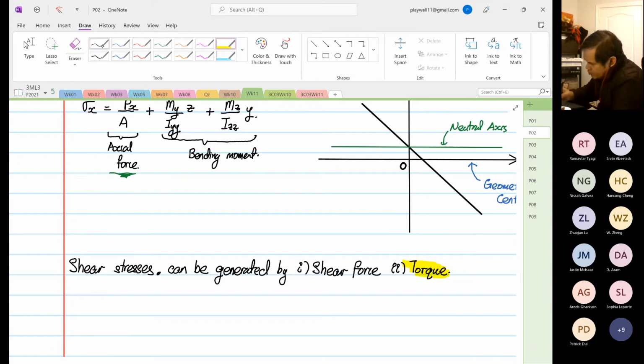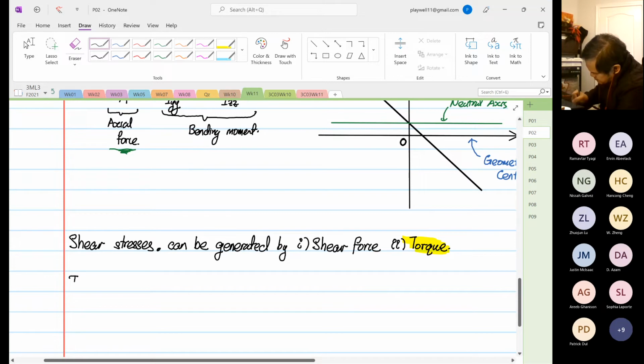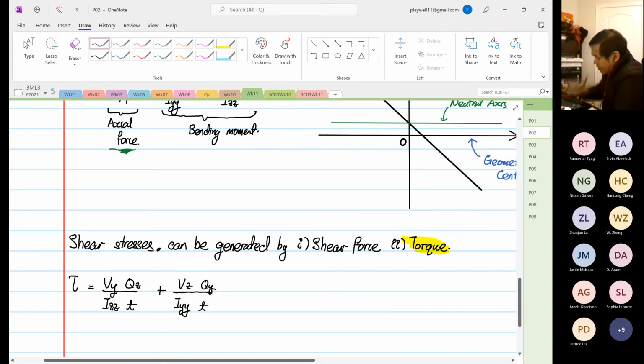Okay, so if we were to write out the equation for the shearing stress, the shearing stress is equal to Vy over Izz, Qz divided by T. Okay, then plus Vz over Iyy, Qy divided by T. Okay, and then there's another one, plus torsion in the x direction, radius divided by J.